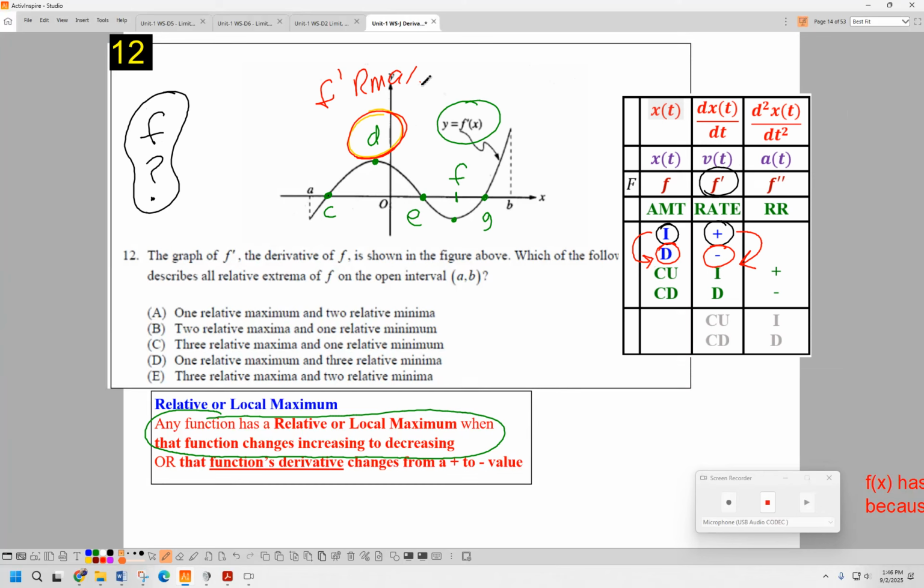Keep counting. I changed my mind. Oh, go Noah. My money's on E. Noah's voting E. Right there, f prime is changing from positive y values to negative y values. That means that's where f would have changed, increase to decrease.